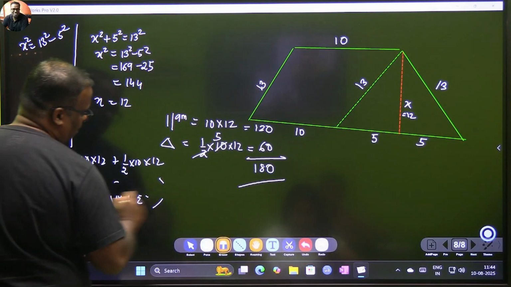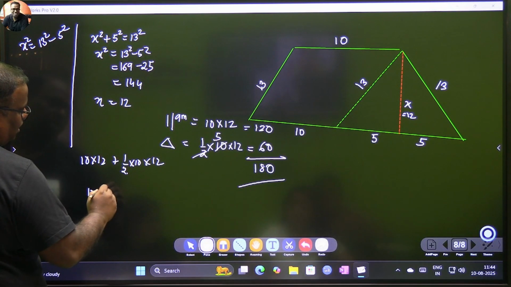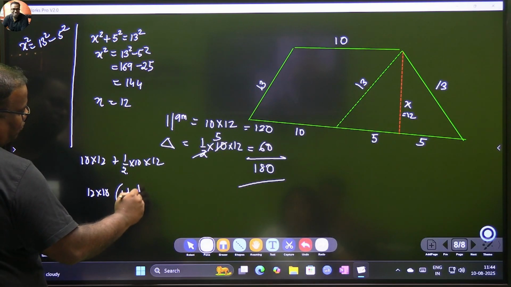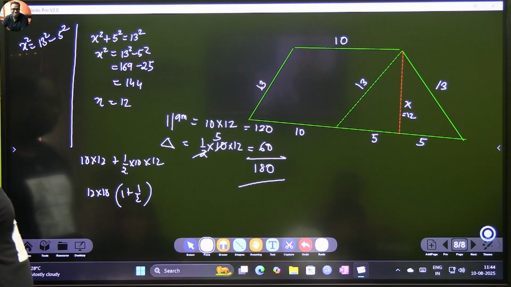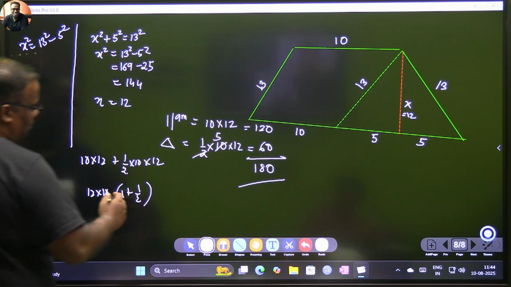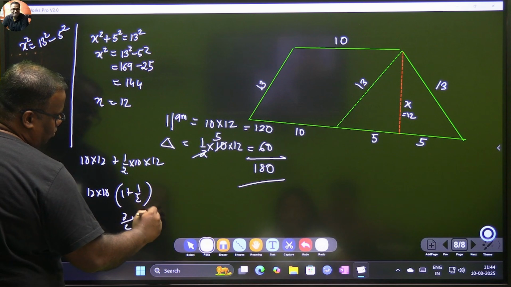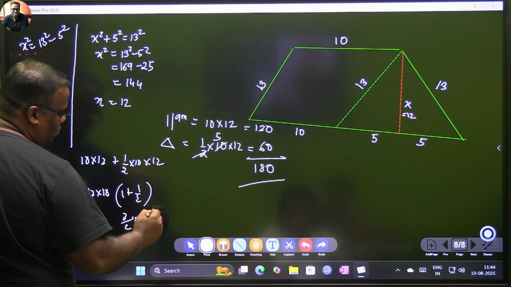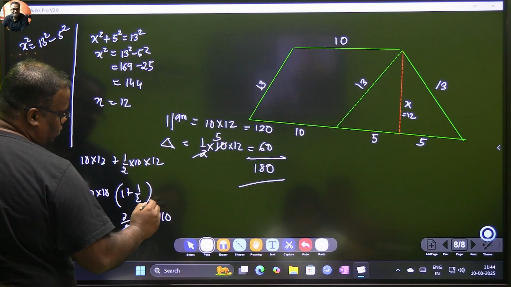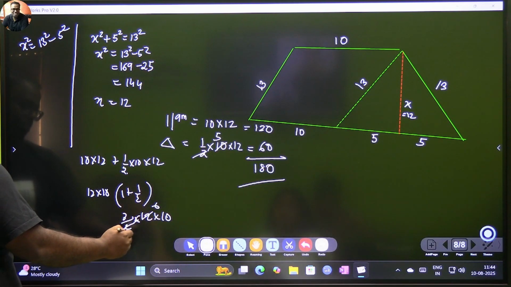You can straight away take 12 into 10 common. 1 plus half. 1 plus half is how much? 1 and half. 1 and half is how much? 3 by 2. 3 by 2 into 12 into 10. 2 sixes are 12. 10 into 6 is 60. 60 into 3, 180.